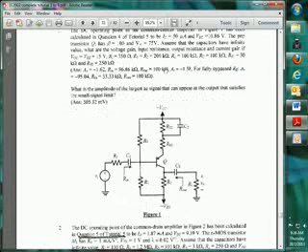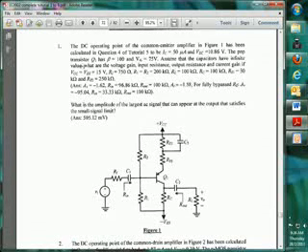For AC analysis, let's look at this figure. As given in the question, the capacitors have infinite values. The impedance of the capacitors is just 1 over omega C, taking in modulus. So if C is infinite, then 1 over omega C is equal to 0.